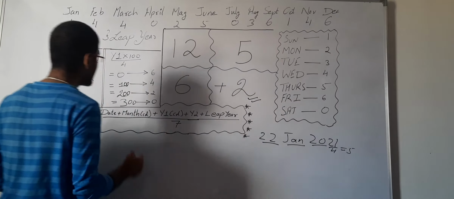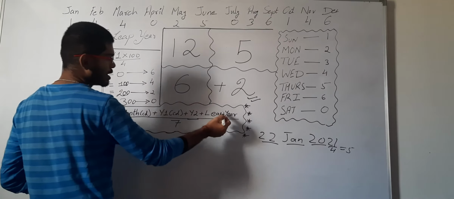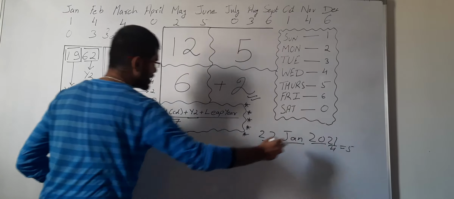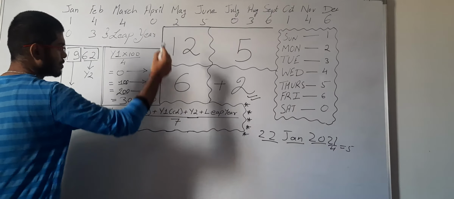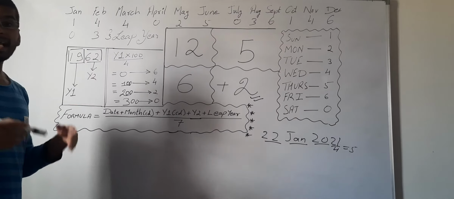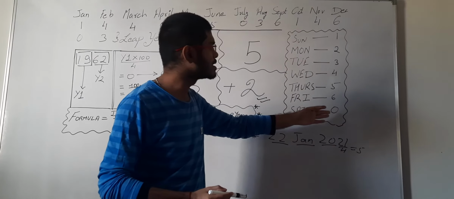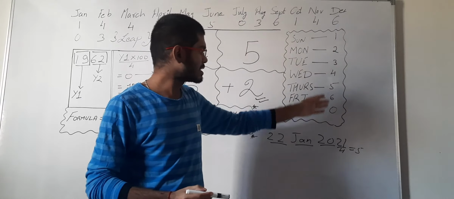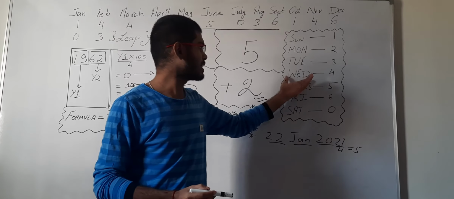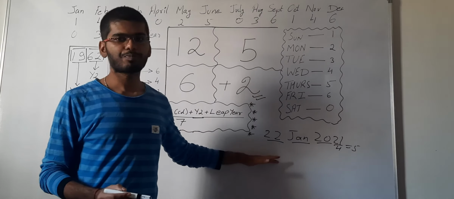Then year 1, we had a code for year 1, then year 2, and then the leap year we need to calculate here. Year 2 didn't have a code, we had it as it is, and then we divide this entire thing by 7 to get a remainder. The remainder will be one of these, and once you get this remainder, you get the day for that particular date.